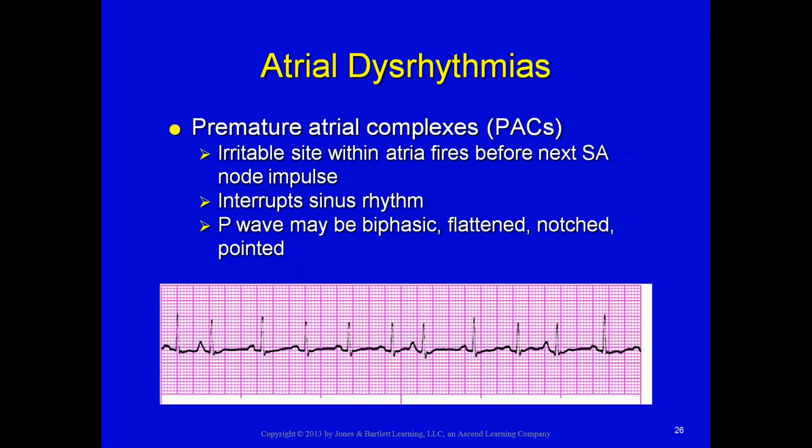And we also can see that the P wave before those complexes is quite pointed and doesn't look like the other P waves in the preceding QRSs that are nice and round and upright. So it's quite peaked. And that's how we know it's a PAC. It has a P wave. It comes early. And that's what makes it a PAC.